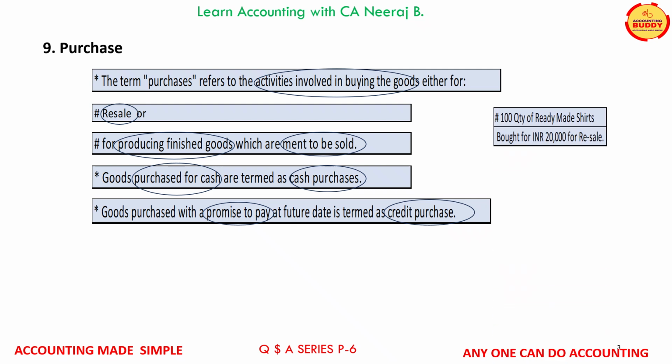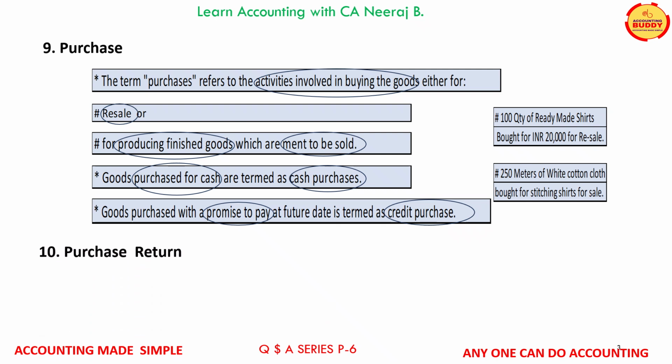For example, if 100 quantity of ready-made shirts are bought for INR 20,000 for resale, it is a purchase transaction. Similarly, if 250 meters of cloth is bought to stitch the shirts which are meant to be sold by the business, it is again an example of a purchase transaction.